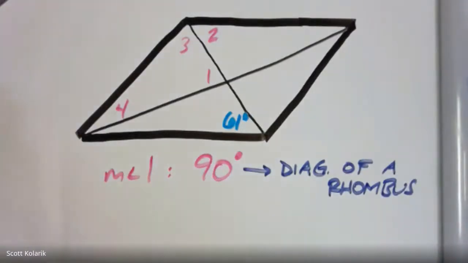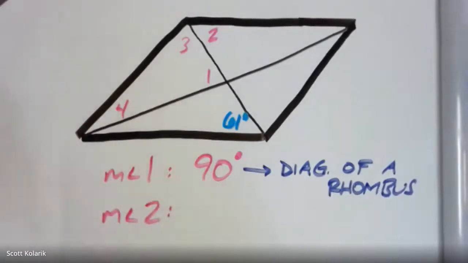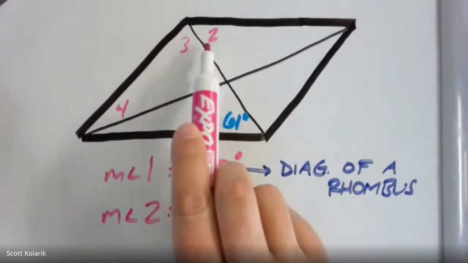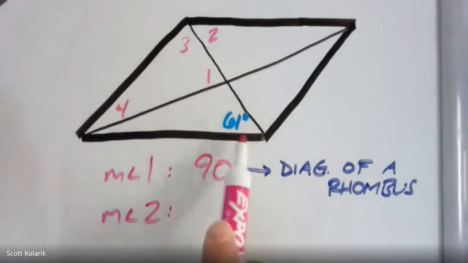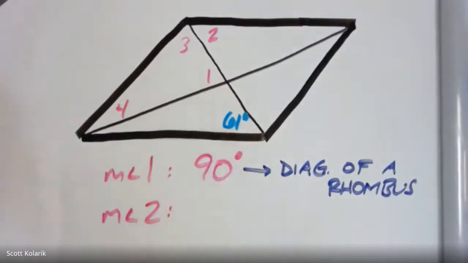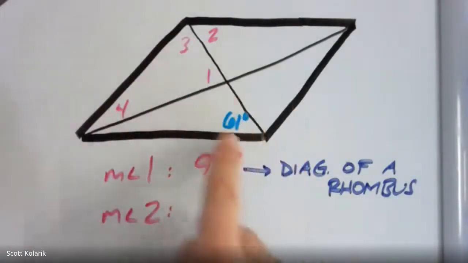All right, well, measurement of angle 2 would logically come next. So the measurement of angle 2, that's its location up there. What we're going to find that is handy is the piece of information that we were given in this case. The 61 degrees here. Now, using the opposite angles of a rhombus, we know that these diagonals bisect each of these corners.